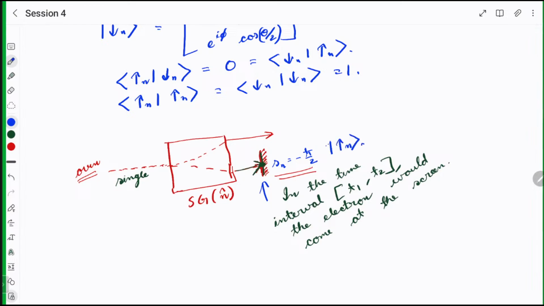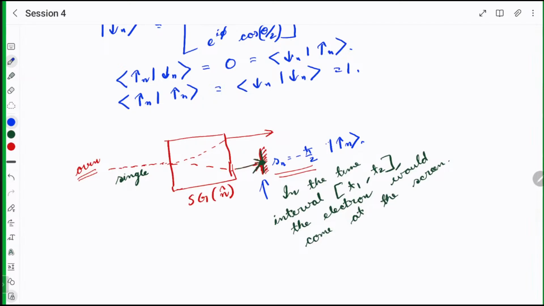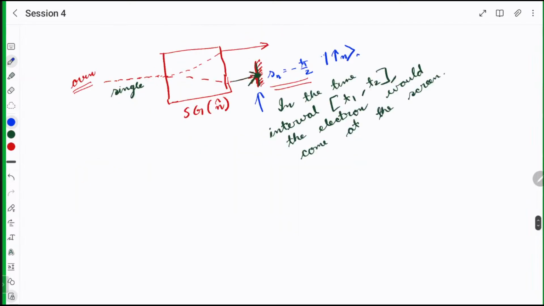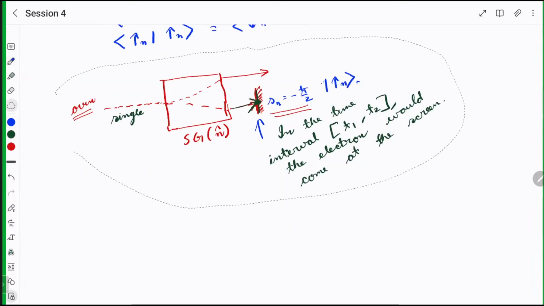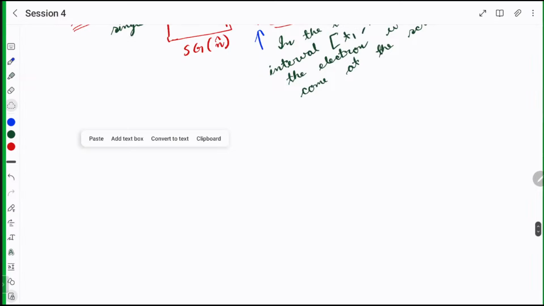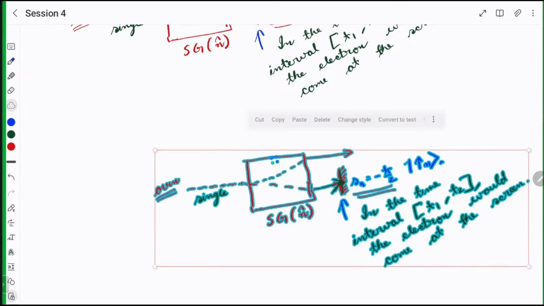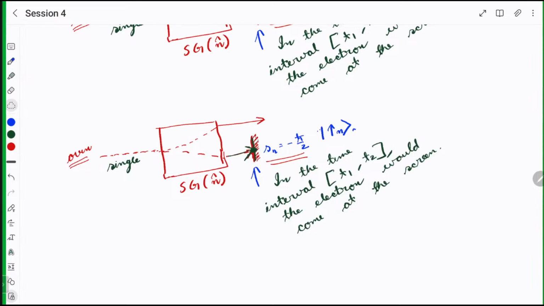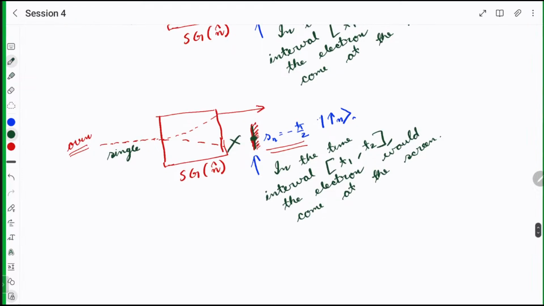But suppose the same situation, let's take, okay? So suppose it does not come here in the interval T1 to T2, but we know that it should reach the screen within this interval.